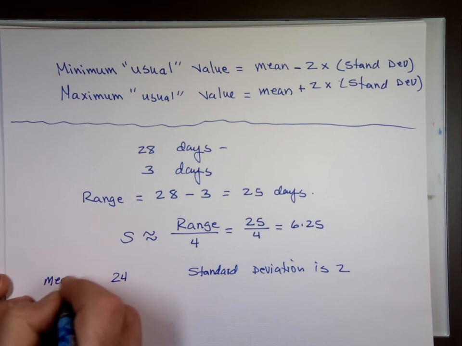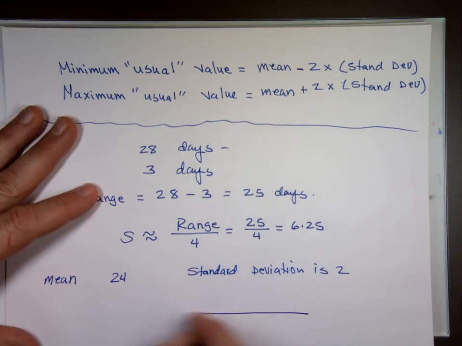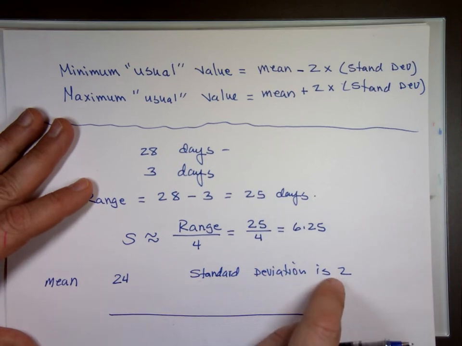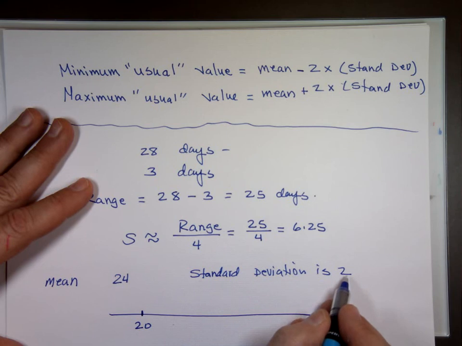So can we figure out the usual versus unusual values? The range for the usual values for a sleeve of Girl Scout cookies is supposed to be within 2 standard deviations. So the minimum these sleeves should have is: twice the standard deviation, which is 2, so twice that number is 4. What's 24 minus 4? 20, and the highest value should be 24 plus 4, which is 28.